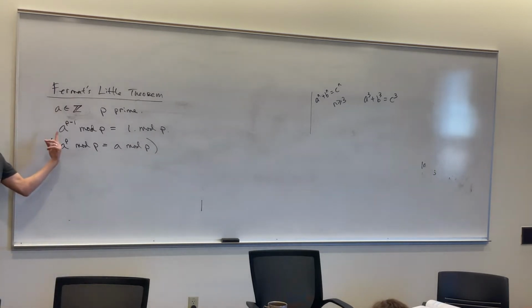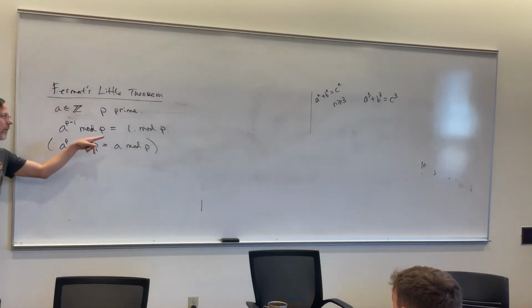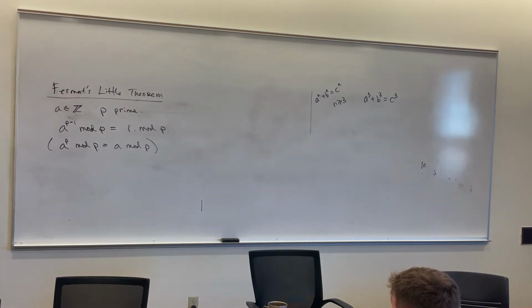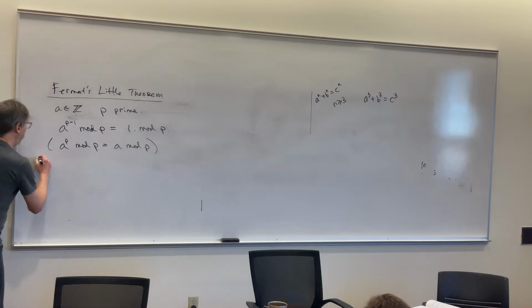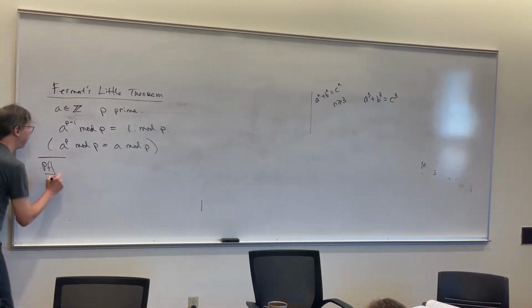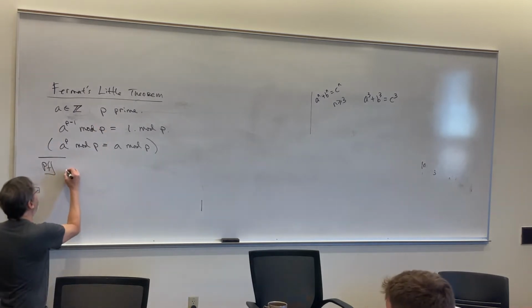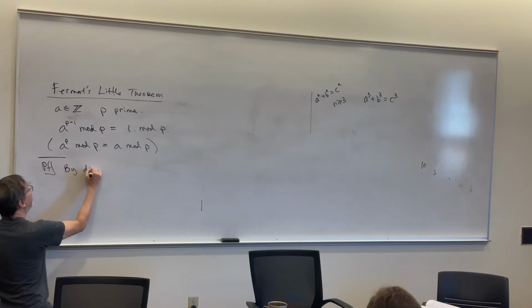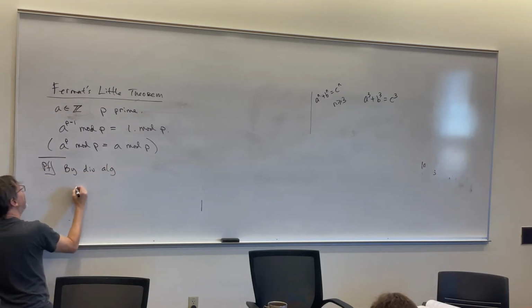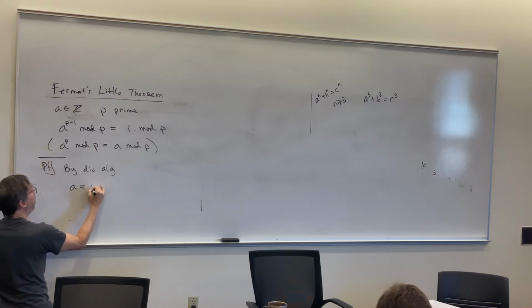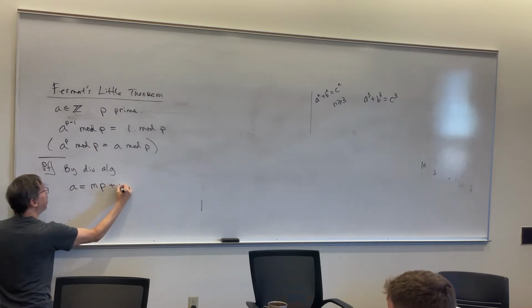Do you see how you just multiply both sides by A here, and then you get this one down here? So let's do a quick proof of this. We're going to use the division algorithm. By the division algorithm, we can write A as some multiple of P plus a remainder.